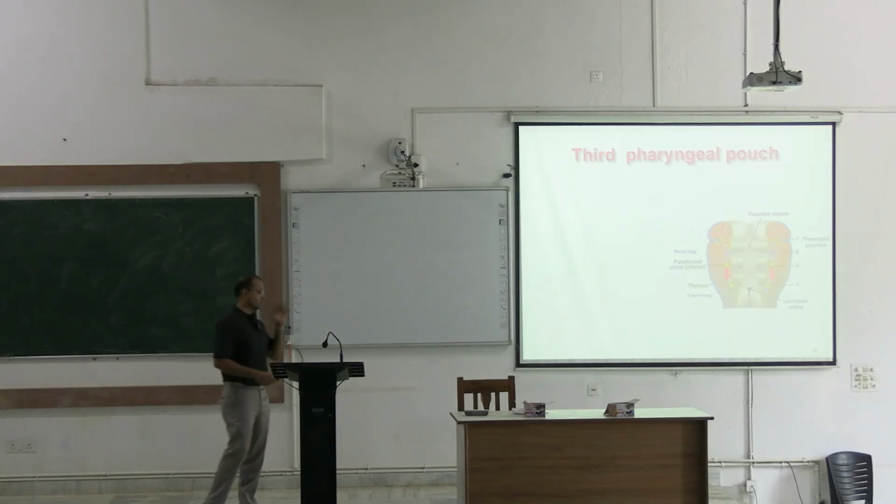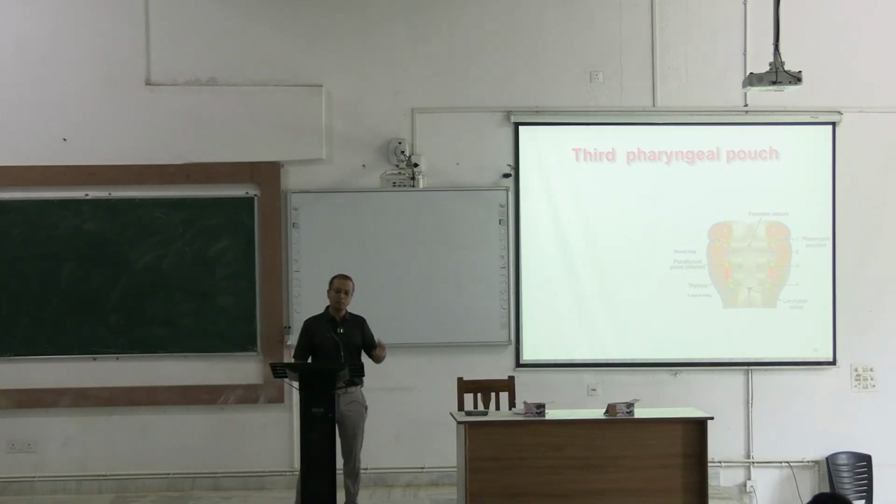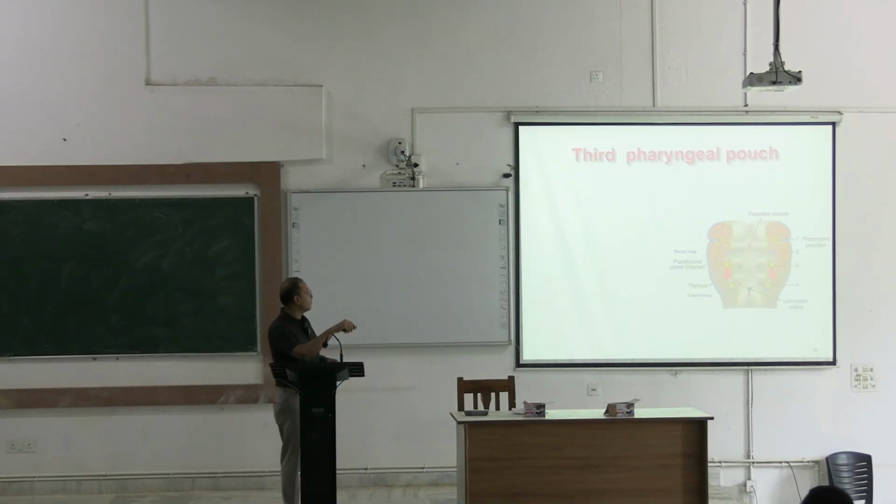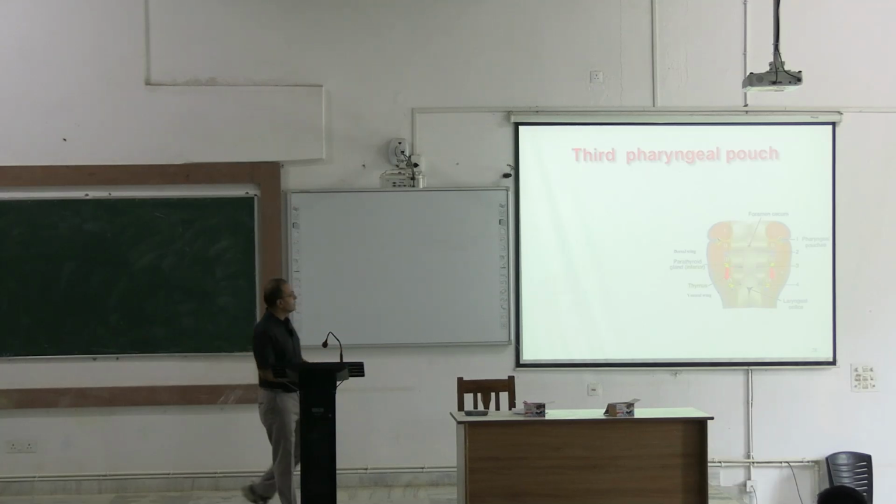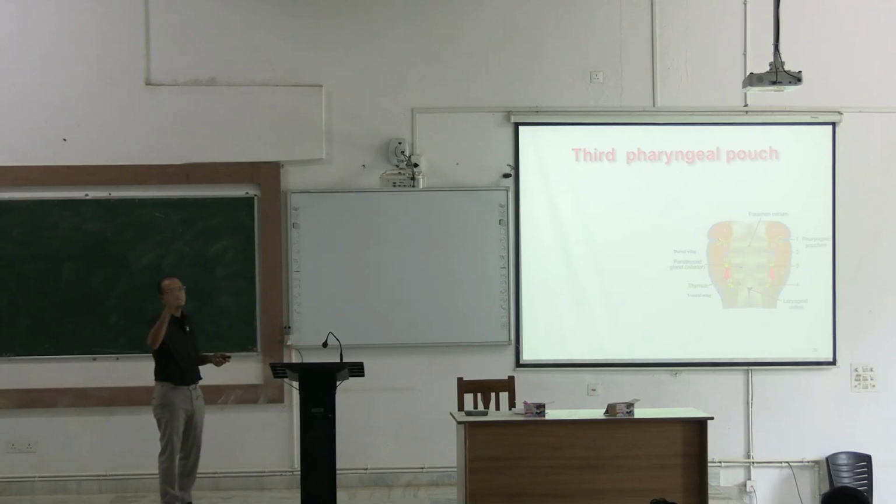The third and the fourth are the most important and most clinically tested. These are number 3 and number 4, present between the third and fourth arch, and the fourth and sixth arch. The third pouch has 2 subdivisions, one yellow and one red, like the flag of Bengal Club.